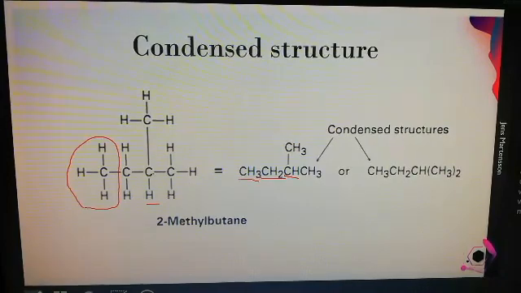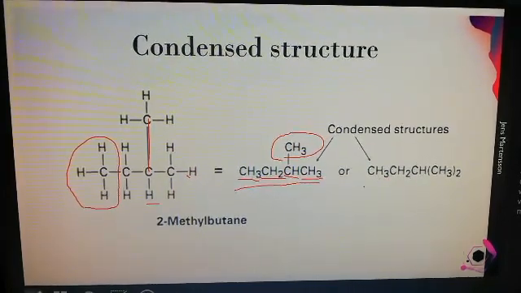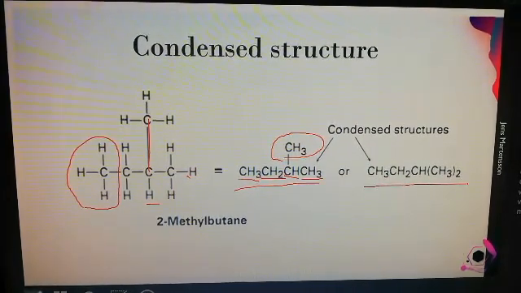And on the third carbon, may nag-branch tayo na isa pang carbon. And that carbon has 3 hydrogen atoms. So we would write CH3. And then the last one also has 3 hydrogens attached to carbon. So we would write CH3. So this is the condensed structure of 2-methylbutane, and you can write it like this, okay?